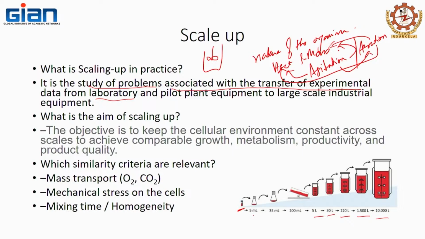But the impeller design I was using for a small fermenter might not work if I move to a bigger fermenter. What will you do then? The agitation will change, right? So it requires some consistency, but there are also certain parameters where variability exists. That variability is what matters the most.